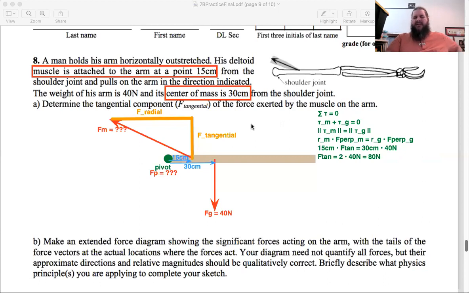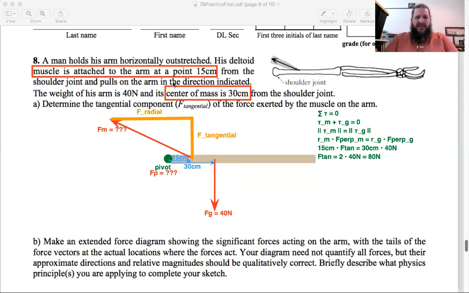Yeah, in this specific situation where you have only two forces that create torques, and let's assume they're both perpendicular, or that you're looking at just the perpendicular components anyway. If you've got only two forces that are creating torques, and you know the torques have to balance out, then the product of radius times F perp and radius times F perp has to match.